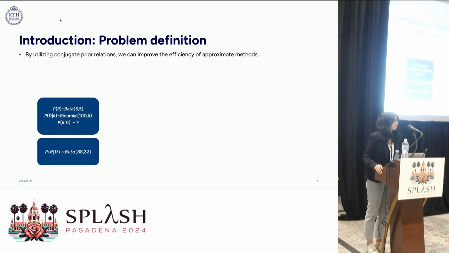One way of applying these exact inference techniques in an approximate inference algorithm is utilizing the conjugate prior relations within a model. What are those? For example, we have this on the top: the notation of this coin example, where we sample theta, the probability of heads, and then we toss the coin several times and embed our observations, and the question is what is the posterior of theta after observing these.